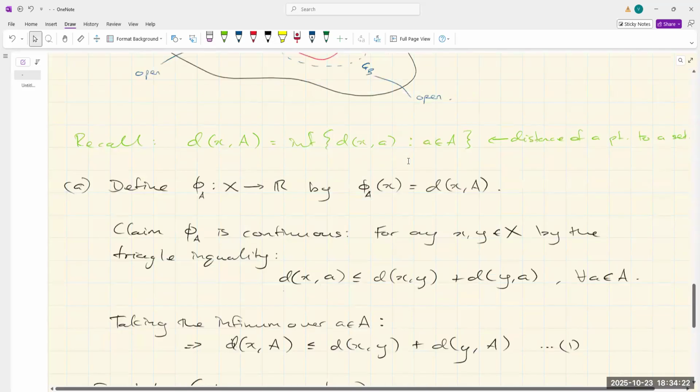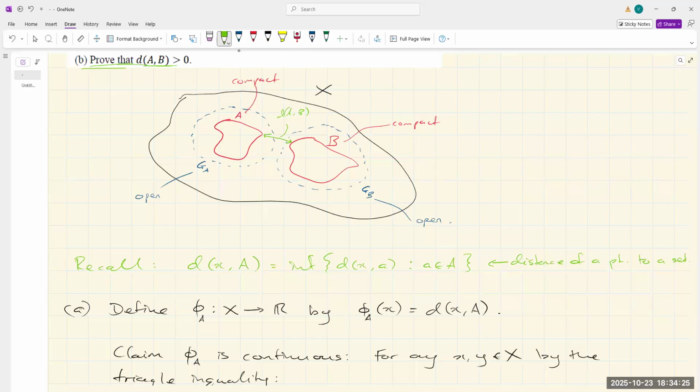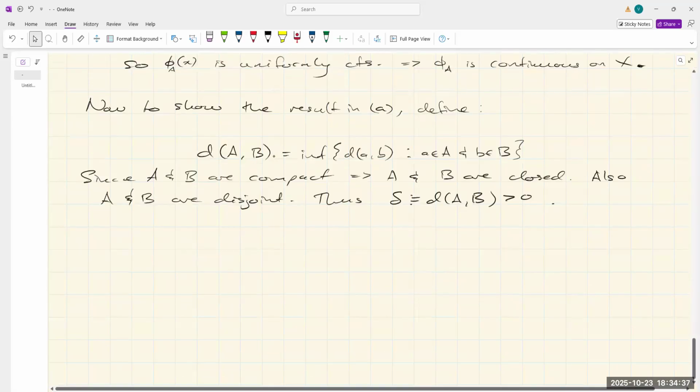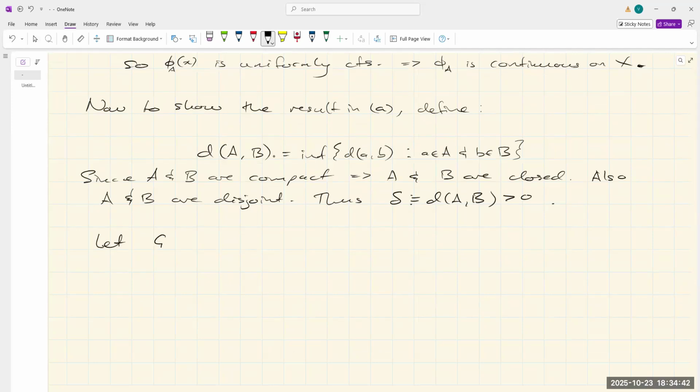So this is what I define to be delta. Now I'm going to define GA and GB. Let GA be the set of points in the big space X such that the distance between those points and A is strictly less than delta over 3.